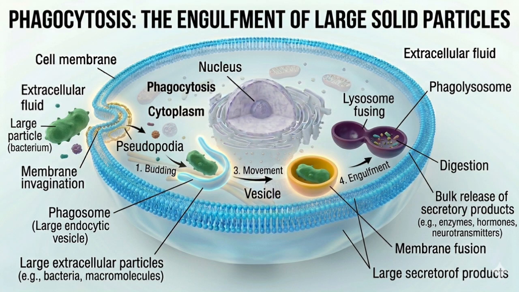When we move from mechanism to real world application, the importance of these processes becomes even clearer. Consider the immune system. When the body is exposed to harmful bacteria, white blood cells respond by engulfing these invaders through phagocytosis, a type of endocytosis.